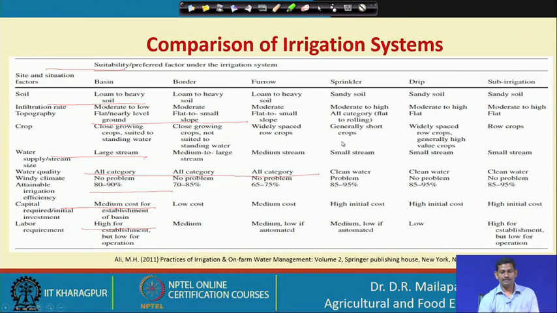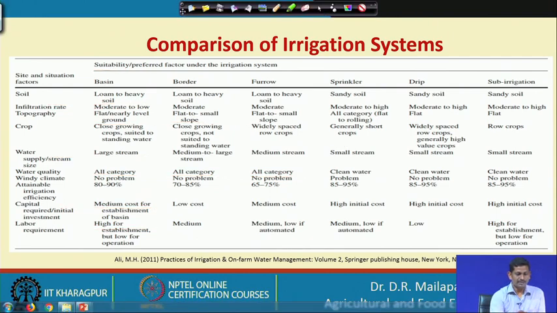Okay, this table gives the whole comparison of all irrigation systems. Basically, if you see the soil, mostly for surface irrigation systems, loamy to heavy soils, whereas for sprinkler, drip and subsurface, sandy soils are mostly suitable.